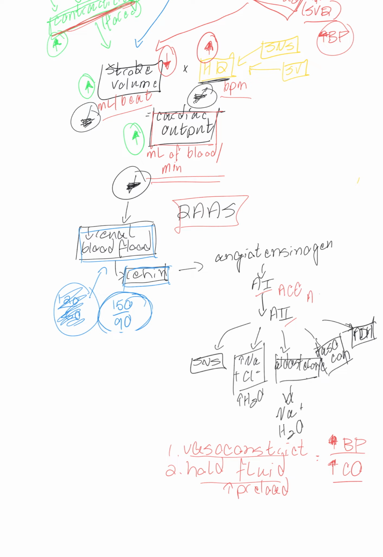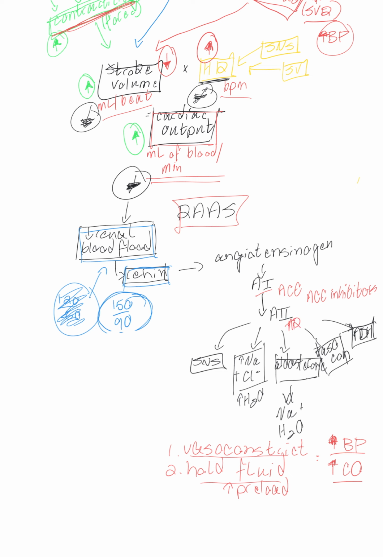So you can take ACE inhibitors. ACE inhibitors let this whole process run through, but stop it right there so that this doesn't happen and your blood pressure doesn't go up. That's one class of antihypertensives.